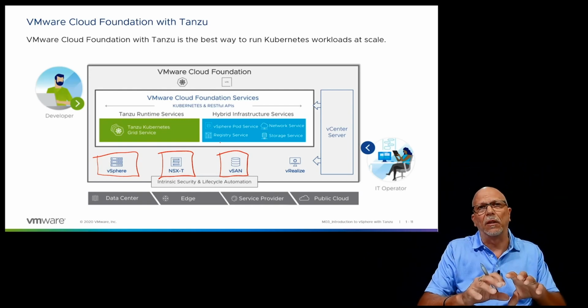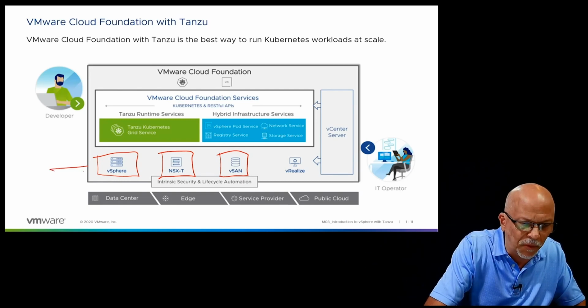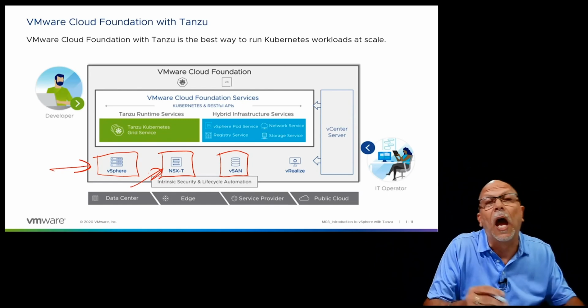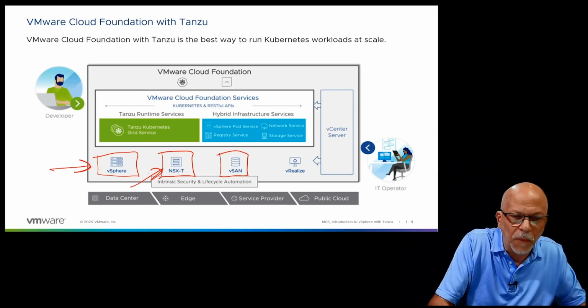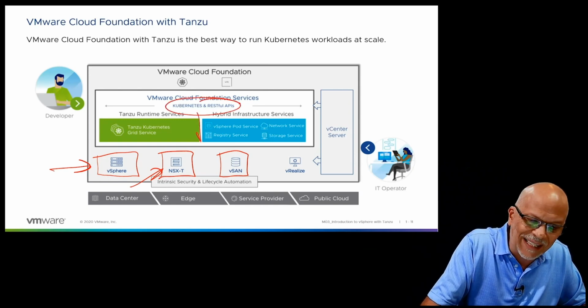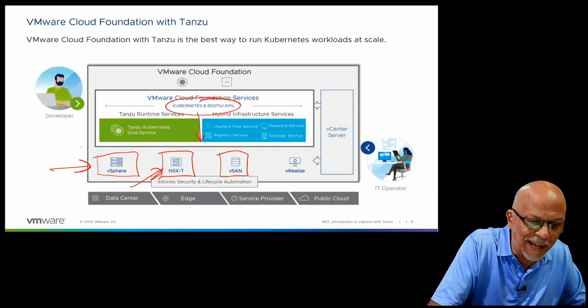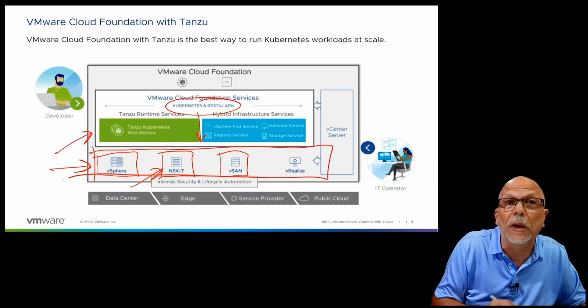vSphere with Tanzu is running on top of that. How do you get those other components down here at the bottom, the vSphere and the NSXT, installed so that you can actually put my Kubernetes platform on top of it? So as you can see on the slide, it's sitting here on top of these solutions down here.